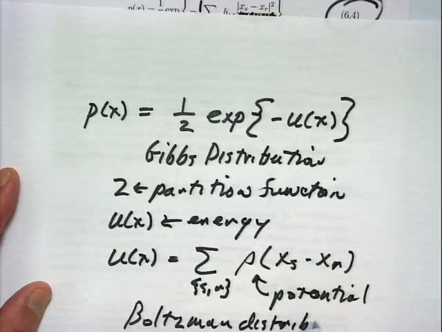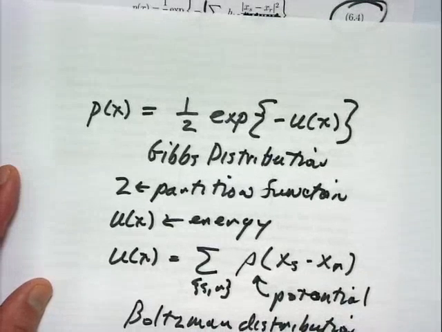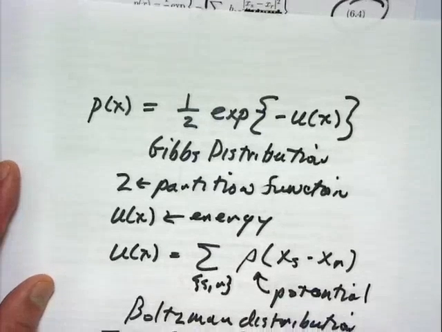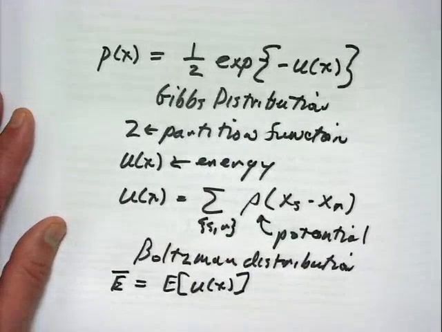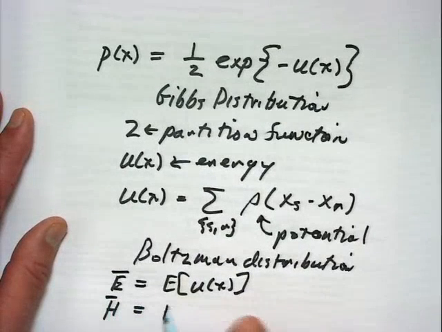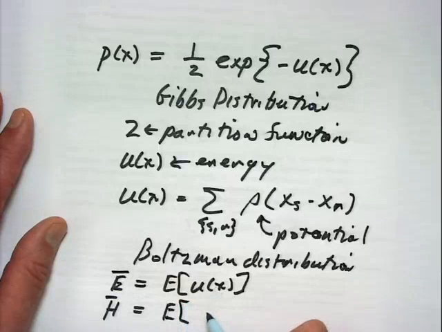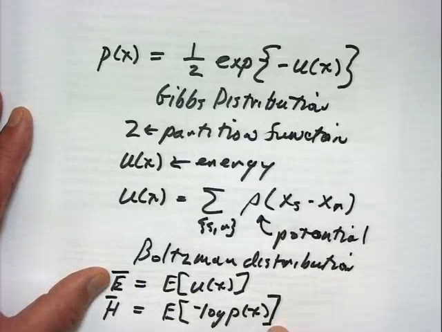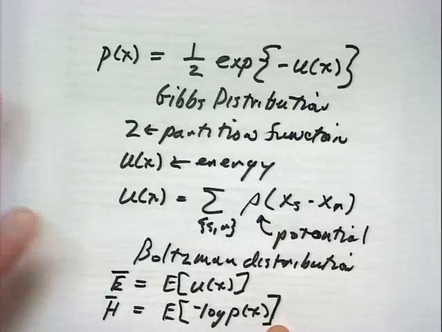It results from saying, if I define the energy to be equal to the expectation of this u of x, and I define the entropy to be equal to the expected value of minus log of p of x, then the Boltzmann distribution results from maximizing the entropy subject to a constraint on the energy. So the argument goes like this.